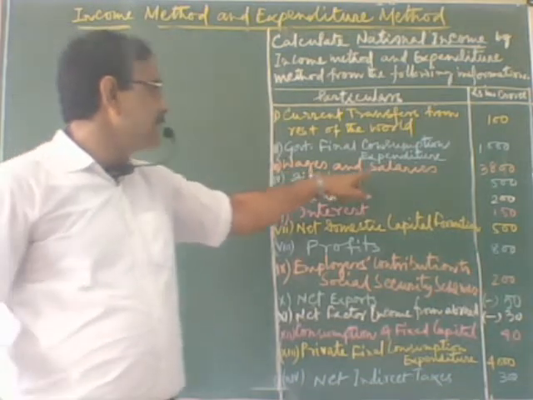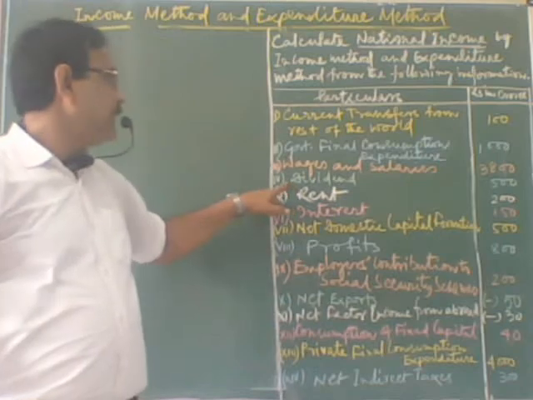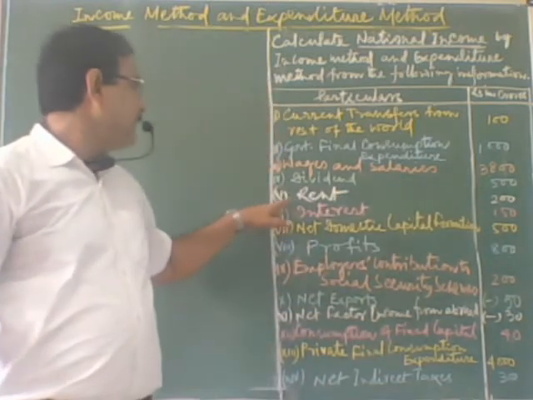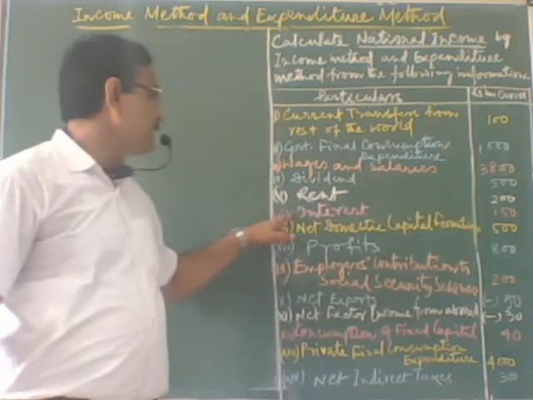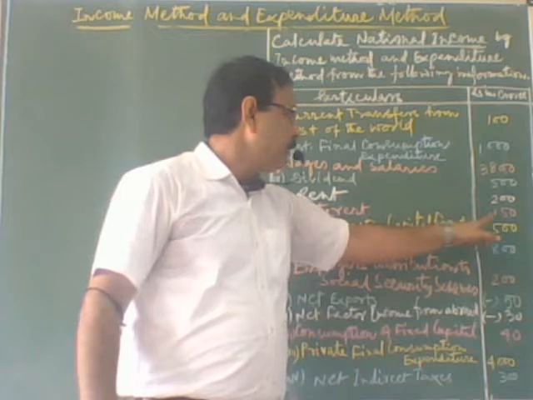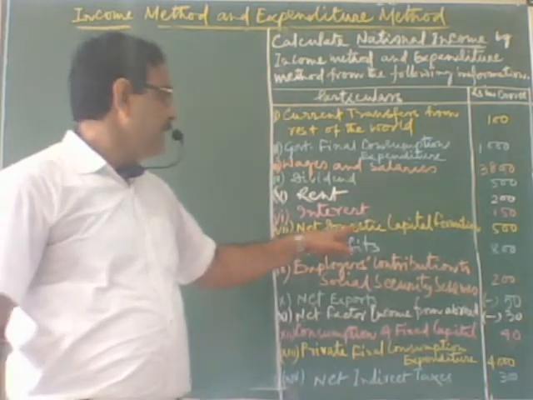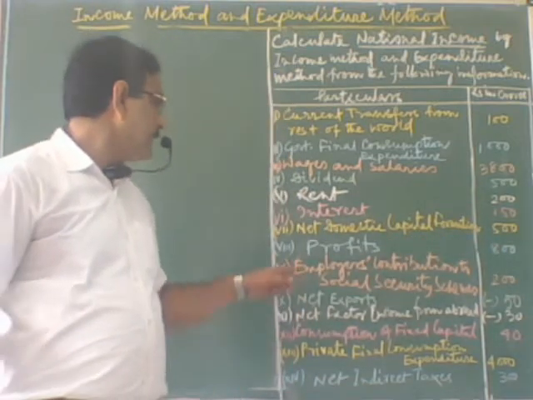Wages and salaries is 3800. Dividend is 500. Rent is 200. Interest is 150. Net domestic capital formation is 500.